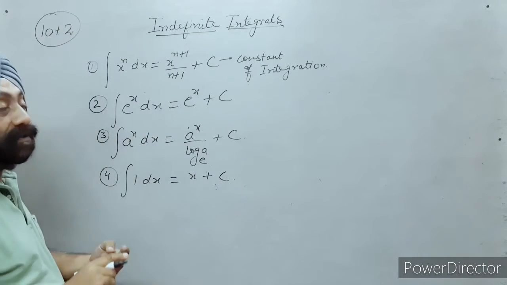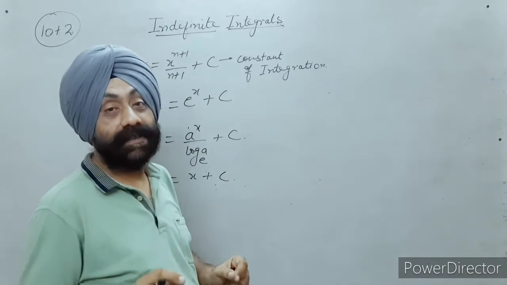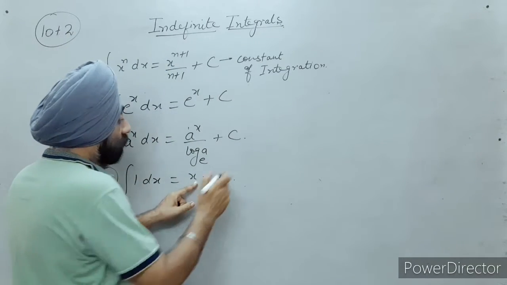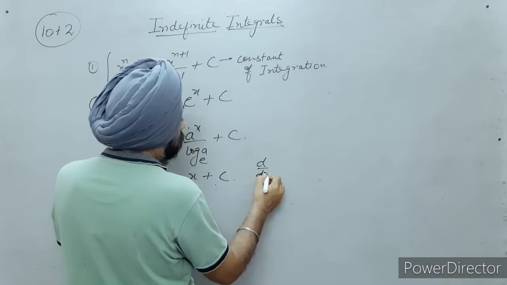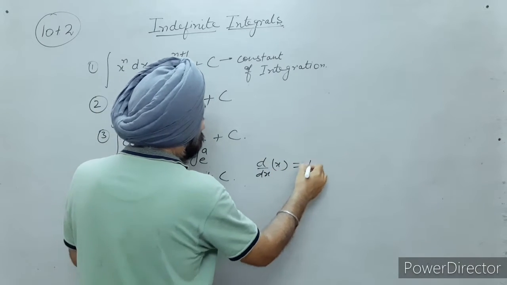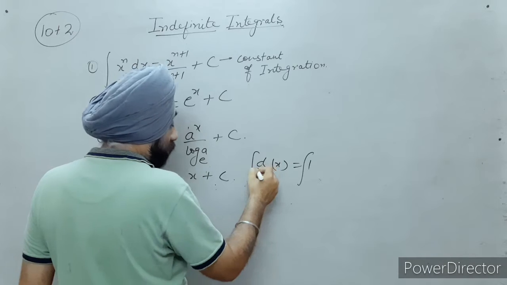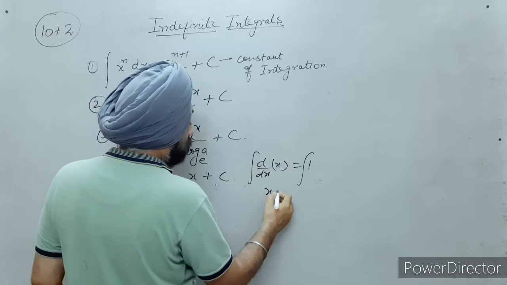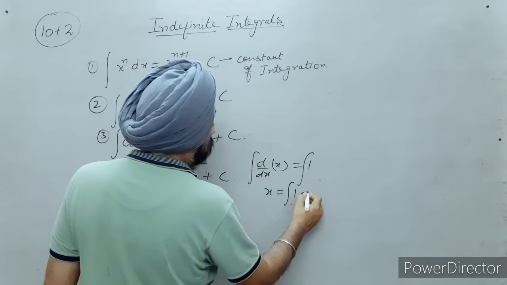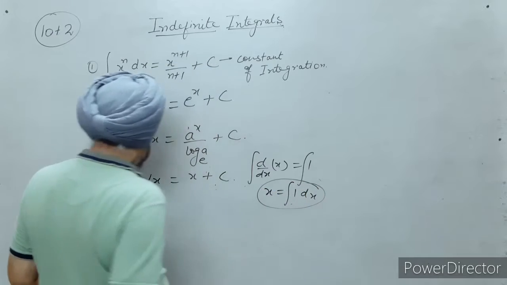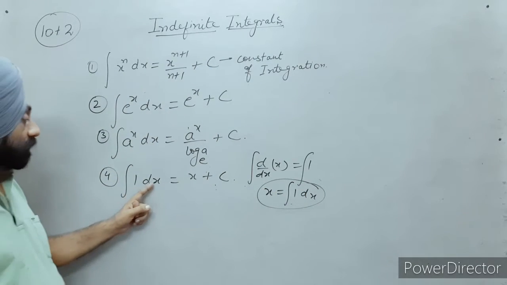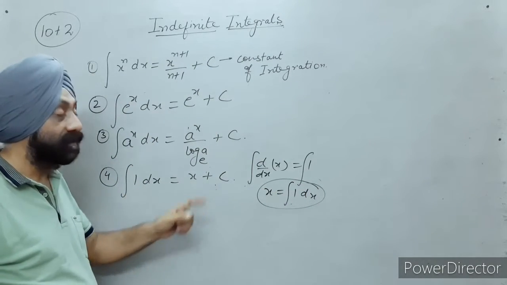Now, I used the term antiderivative. What does this mean? Derivative of x is 1. When you integrate this, antiderivative means x equals integral of 1 with respect to x. That means integral of 1 with respect to x is x plus c.